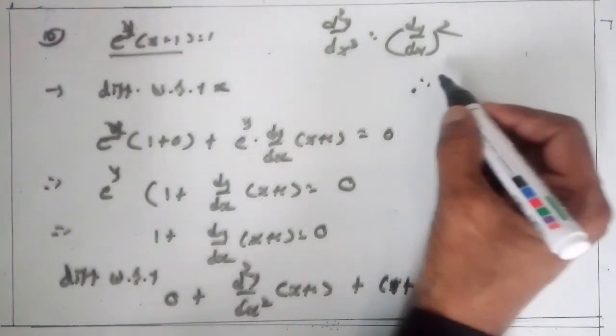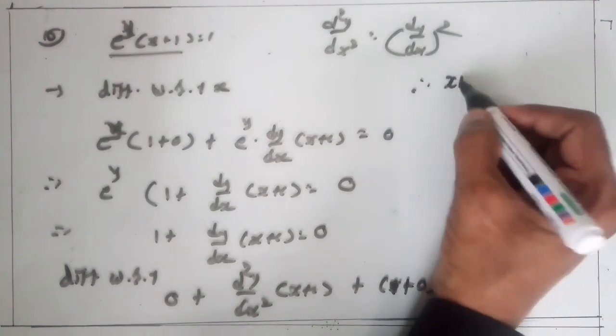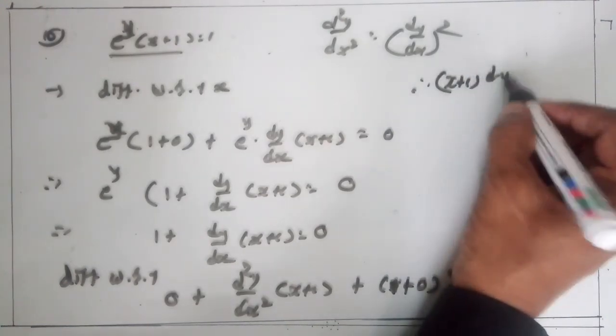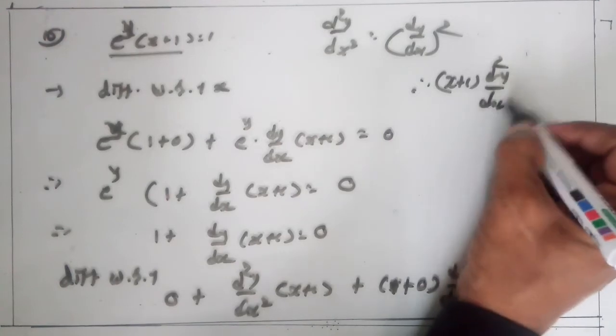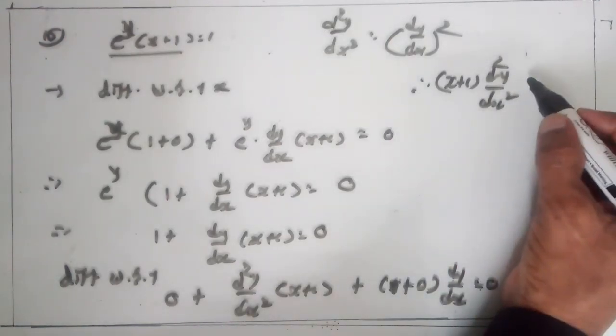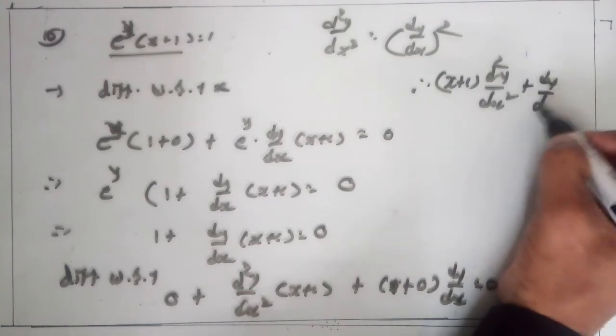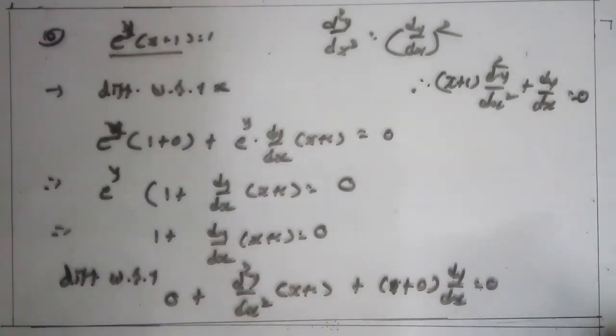So we get (x + 1) d²y/dx² + dy/dx = 0. Clear?